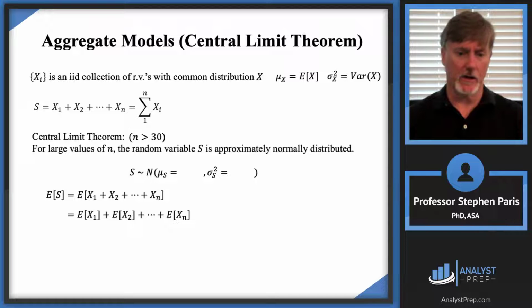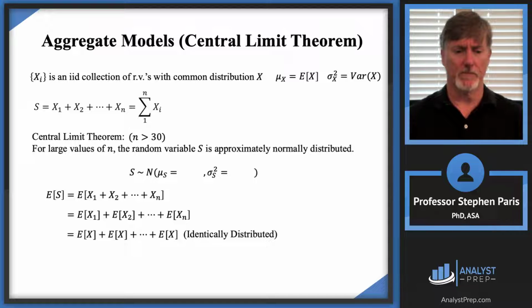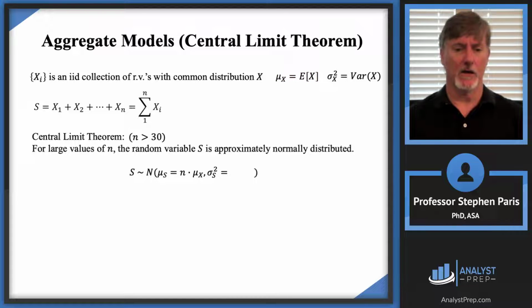The CapX sub i's are all identically distributed, so all of those expected values are just the expected value of CapX. I can drop the subscripts, and I'm going to use the notation mu sub CapX. And now how many terms I have in the sum is the n value here, and so the expected value of CapS is n times mu sub CapX.